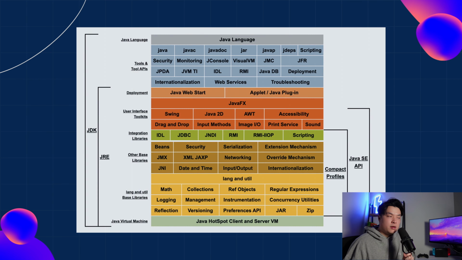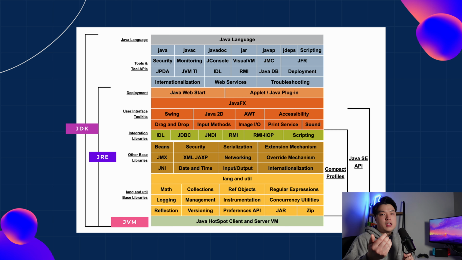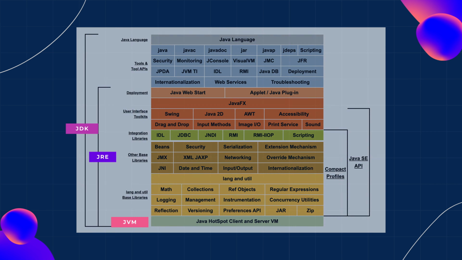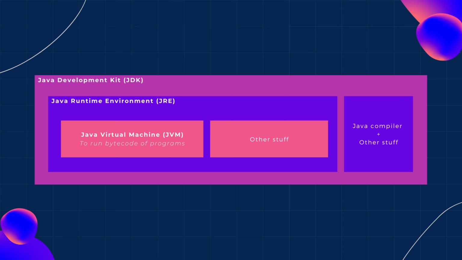This diagram from Oracle for Java version 8 shows, for example, what you get in the JDK and the JRE.